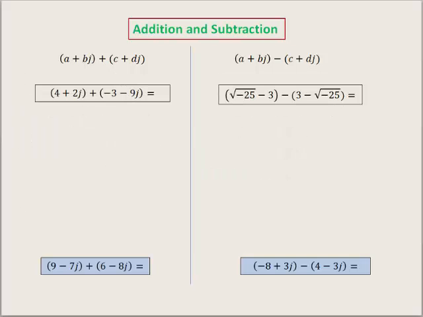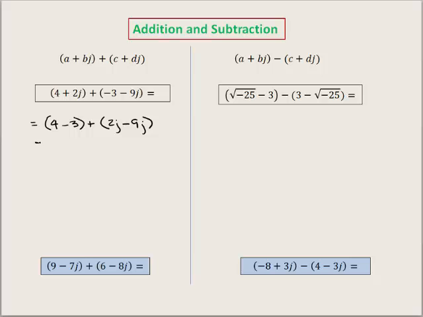Let's look at another one. We're going to do the same. This is just another example. So we combine the a values and we combine the j values.